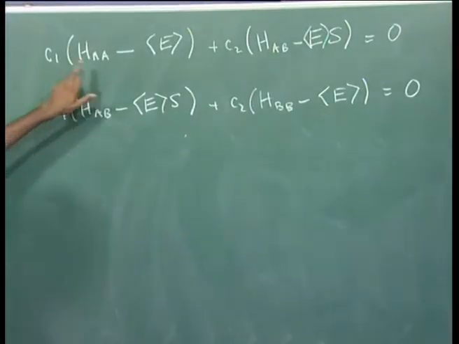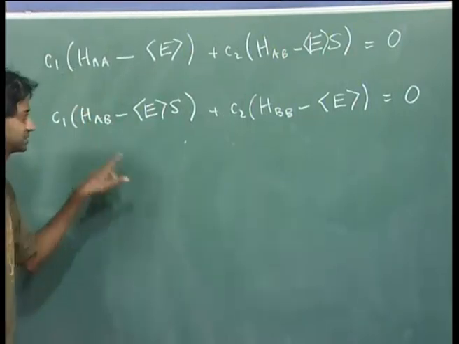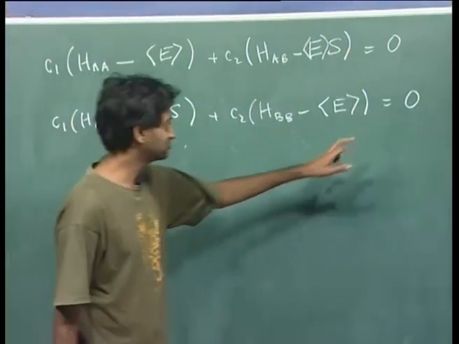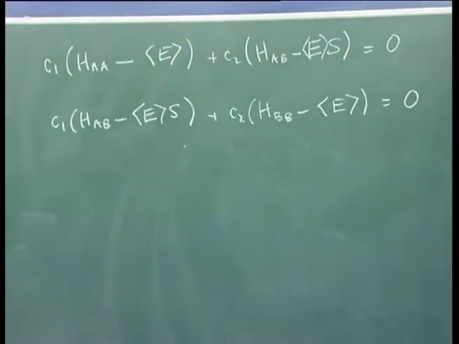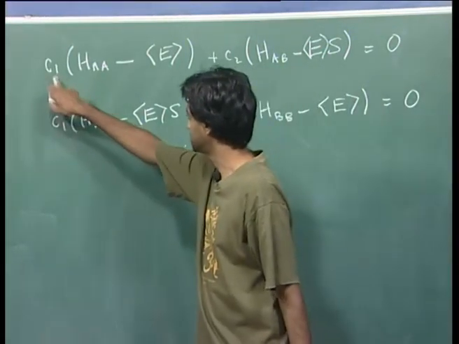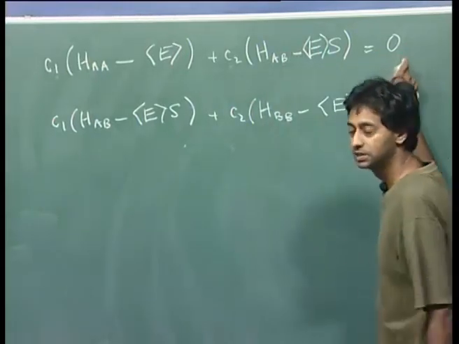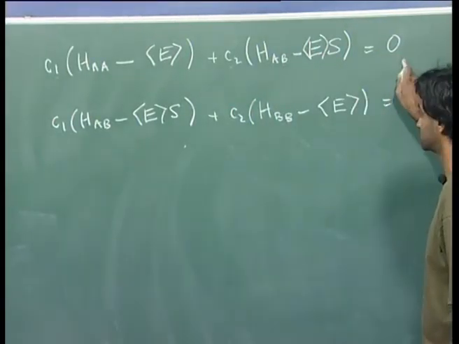Now you have two equations and two unknowns, C1 and C2, but the right hand side of both equations is 0. These equations have a trivial solution, C1 equal to C2 equal to 0.